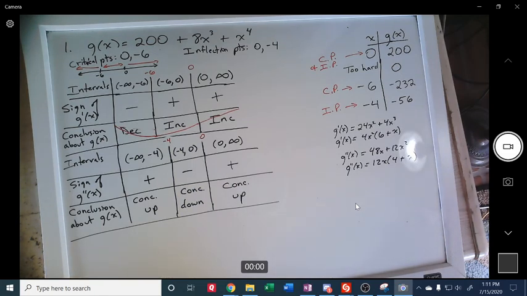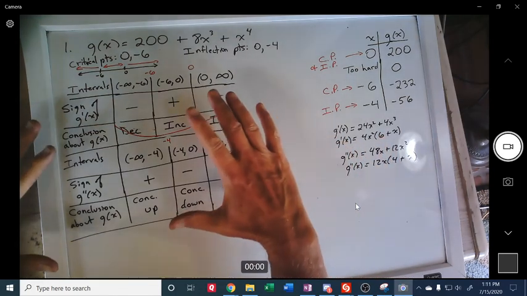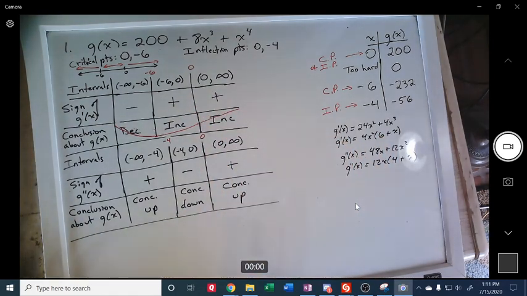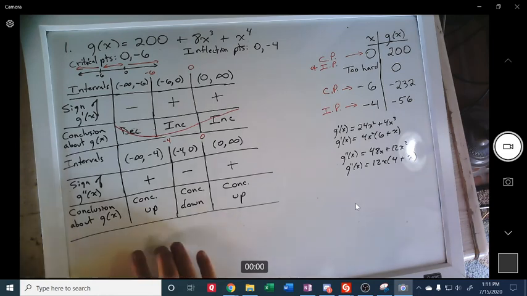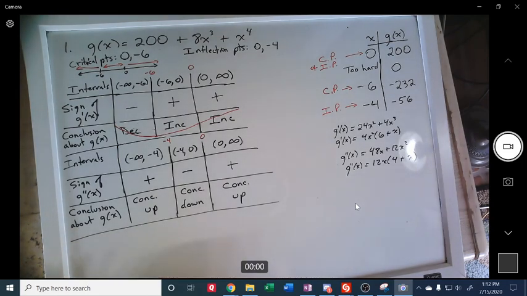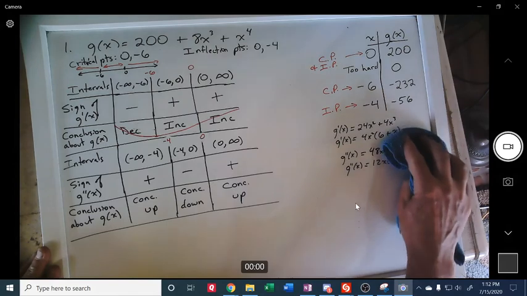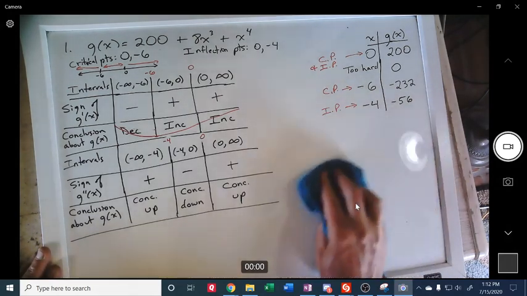Alright. So what I've got is a master table, this double layer chart that tells me where my intervals are, whether it's going up or down, and how it's going up, concave up or concave down, and so on in those intervals. Now I'm going to put them together into a graph, and then I'm done. And I've made a complete graph for this function.